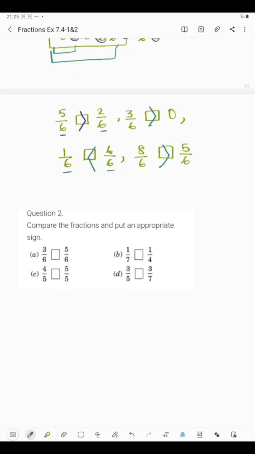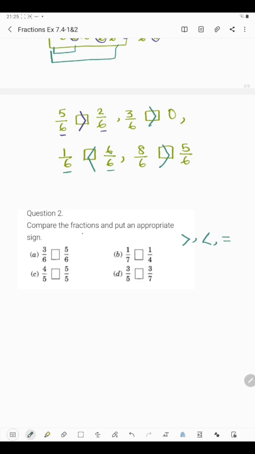Now question number 2 says compare the fractions and put an appropriate sign. So here we will have to put greater than, less than or equal to sign. Okay, so here some fractions are given, and we will have to compare these two fractions. Now at first we have 3 by 6 and 5 by 6.